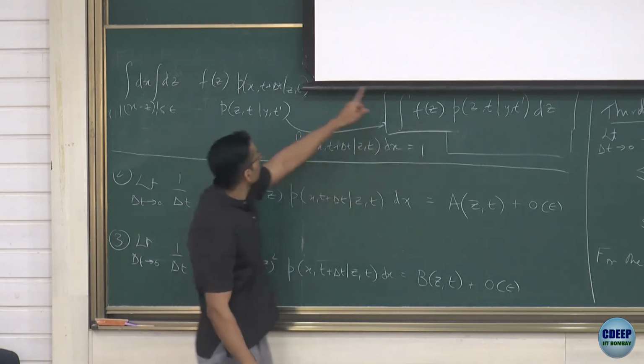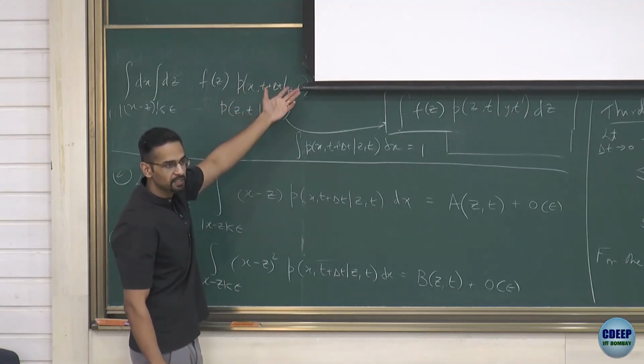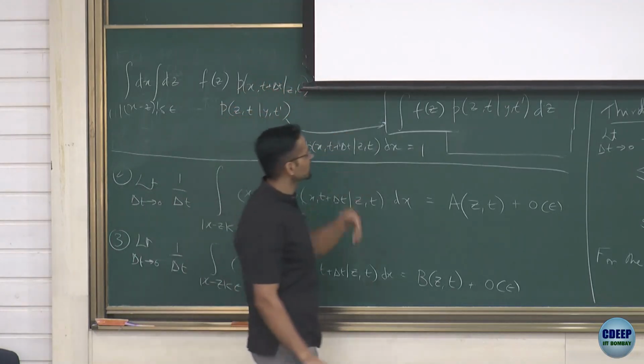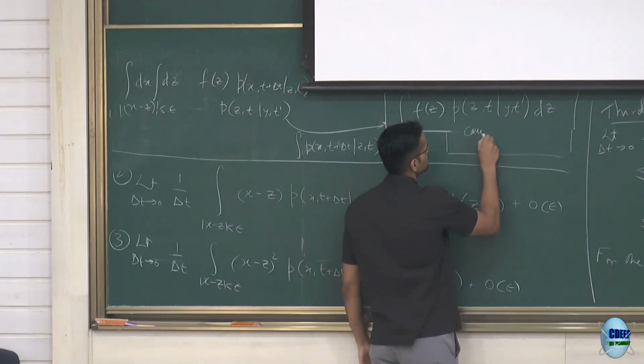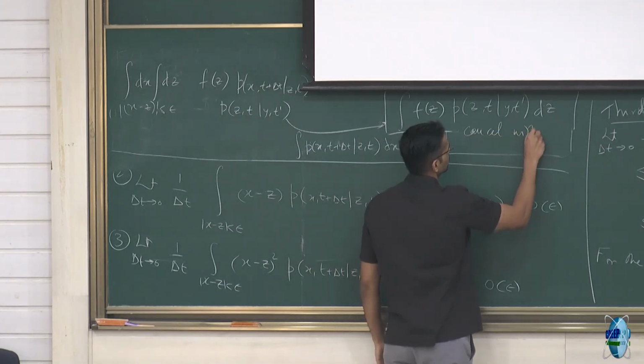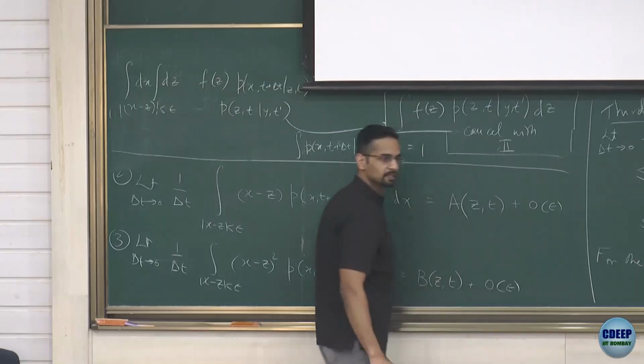And now what is this? If you look at the previous term, they are the same. It's just a change of variable, right? So this thing will cancel with the second term.